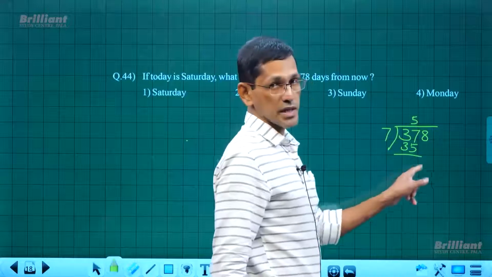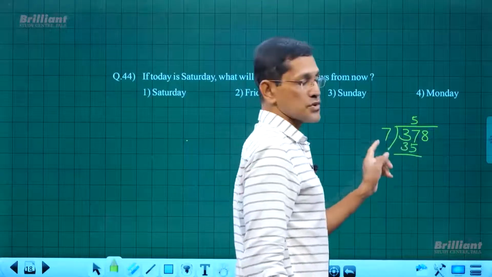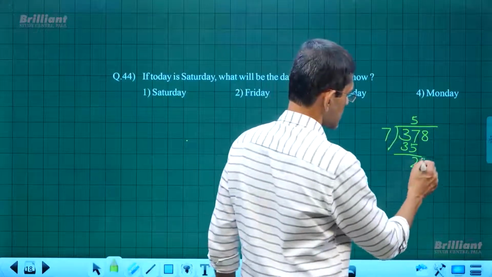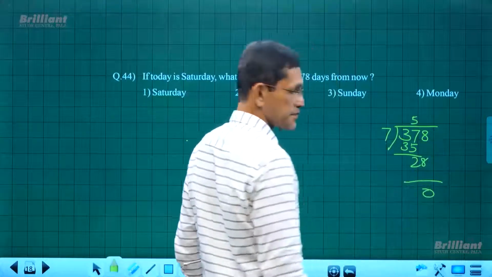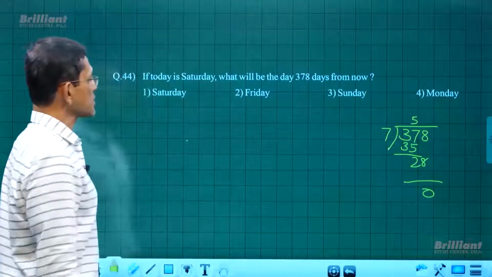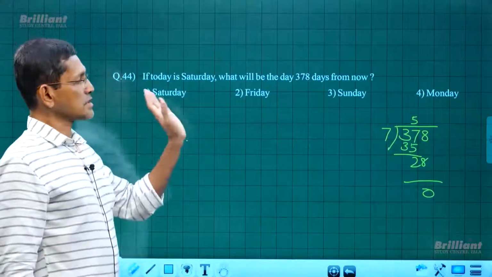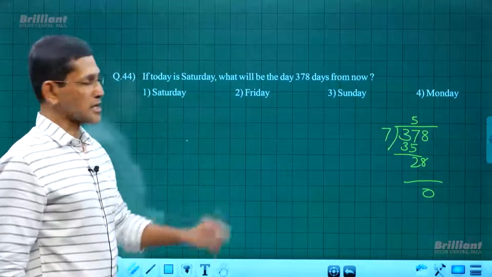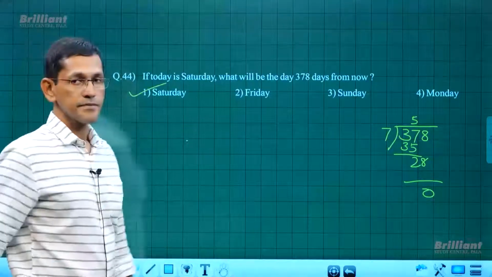Then we have 28. When 28 is divided by 7, what you get is 0. So remainder is 0. If today is a Saturday, the day 378 days from now must be another Saturday. So the answer is Saturday.